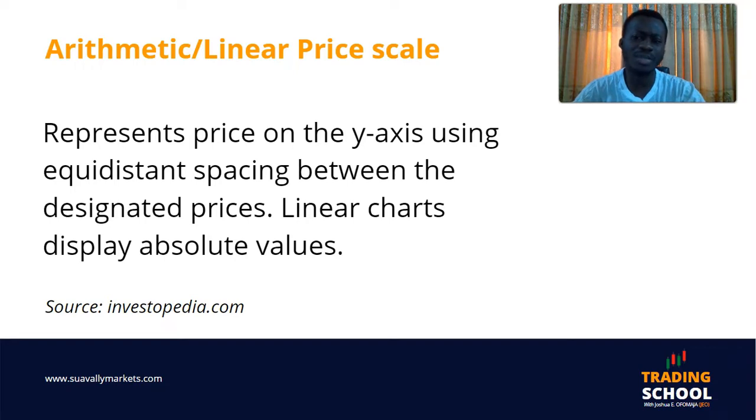The arithmetic scale basically represents the price on the y-axis using equidistant spacing. This is what I was saying before, where price on the y-axis is equal as it goes up, right? They are equal. So that's basically a linear format.